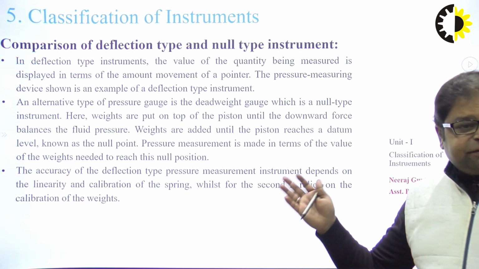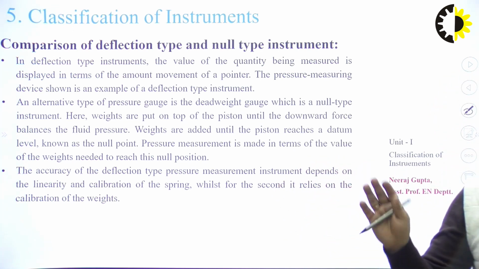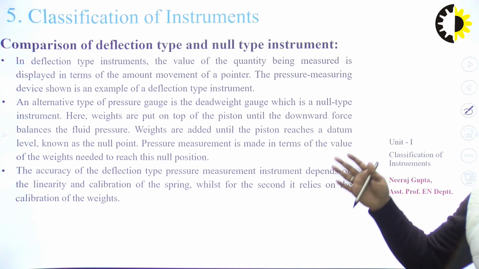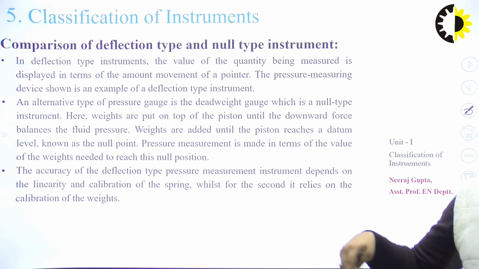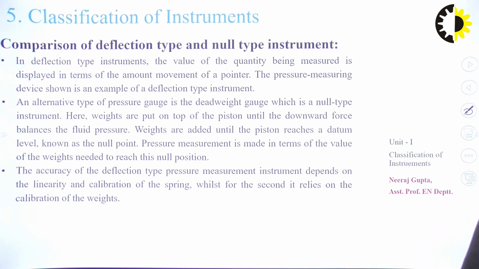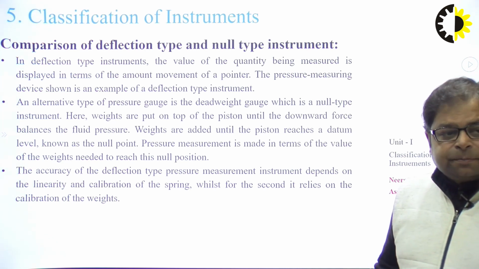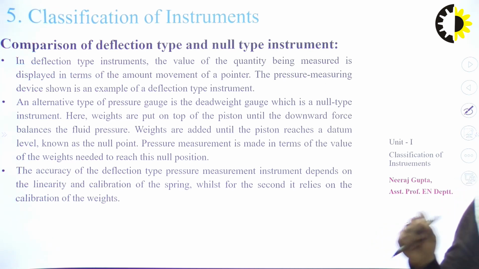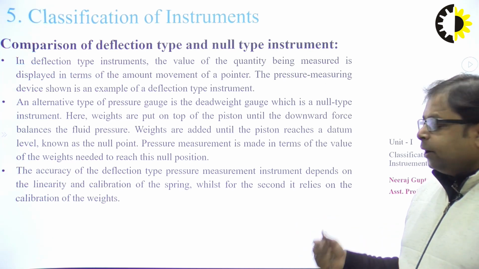Now, the dead weight gauge we have not discussed here, but it is a null type instrument for measuring pressure. Here, the weights are put on top of the piston until the downward force balances the fluid pressure. Weights are added until the piston reaches a known, specific level, which is known as the null point.